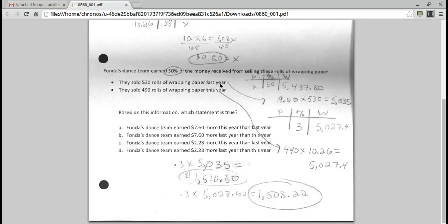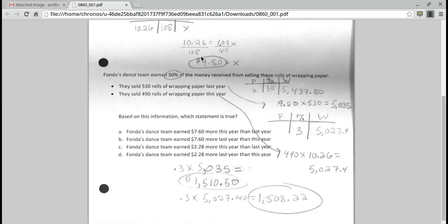So if I'm looking at last year, I need to take the price that I found right here of $9.50. So I know that last year they sold it for $9.50, and they sold 530 of them, which means they made $5,035. But they don't get to keep that $5,035. They only get to keep 30% of it.